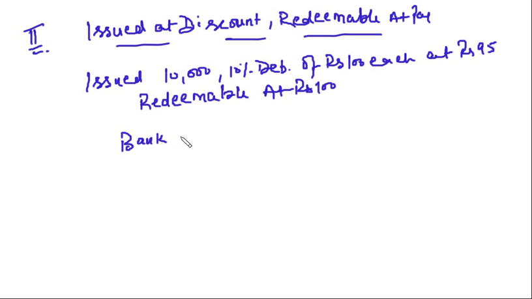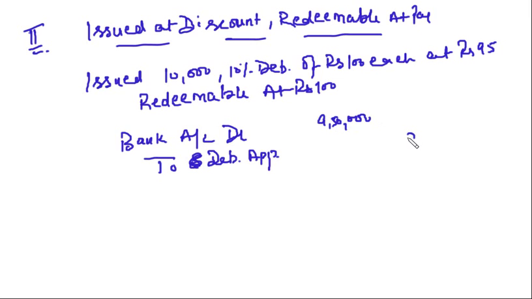Now, what is the journal entry at the time of issue? Bank account debit, to debenture application. Now, what is the amount of debenture application? 10,000 debentures multiplied by 95, that is 9,50,000. Debenture application, you received 9,50,000.